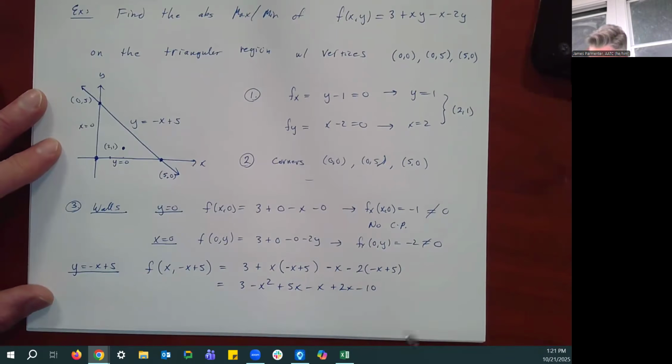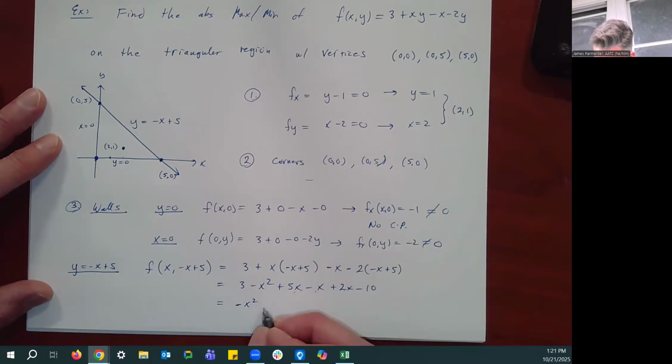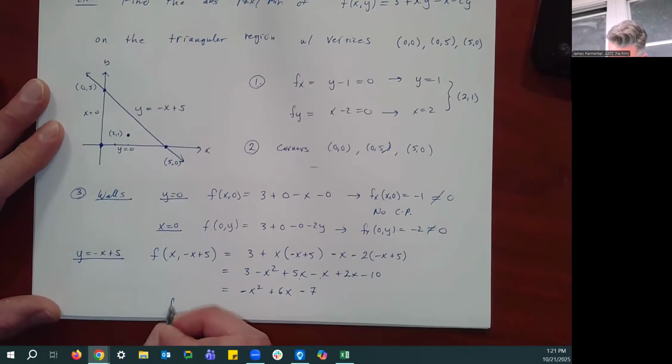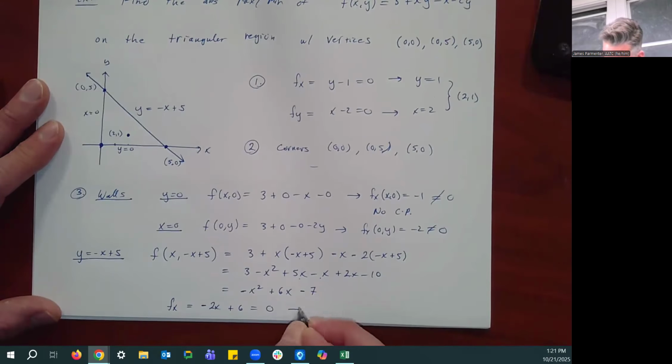It's probably worth it to simplify this even further. That's going to be -x squared, and 5x minus x plus 2x is plus 6x, and 3 minus 10 is -7. Then if we take the partial derivative, our fx is going to equal -2x plus 6, so setting that equal to 0, we get x equal to 3.